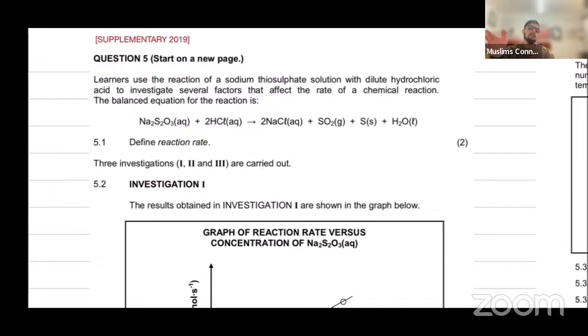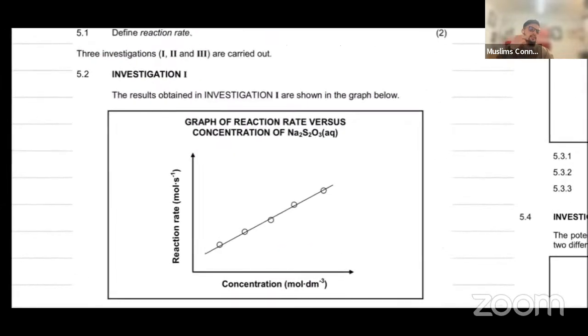The balanced equation for the reaction is Na2S2O3 aqueous plus 2HCl aqueous gives us 2 NaCl aqueous plus SO2 gas plus S, sulfur, which is a solid, plus H2O, which is a liquid. Define rate of reaction. Again, there are many definitions. The main one, which you should just learn and use, is a change in concentration of products or reactants per unit time.